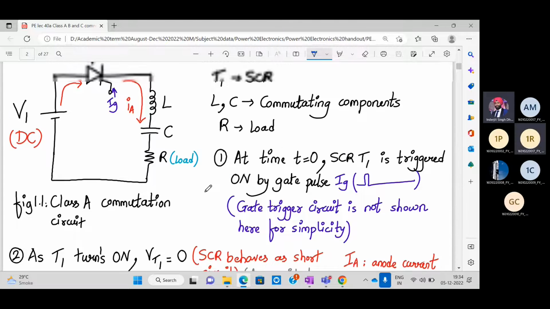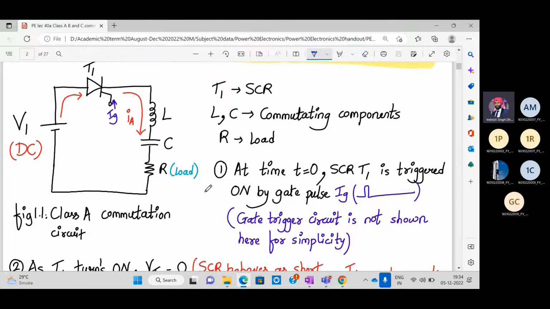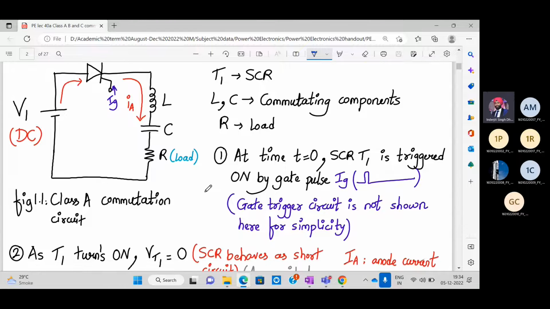That it can be used in both continuous and discontinuous mode. No, that is there, but RLC series resonance you must have heard, right? It produces underdamped, overdamped, or critically damped oscillations. That's what it is famous for. All right. So this circuit will also do the same. So let us begin to understand very, very slowly.